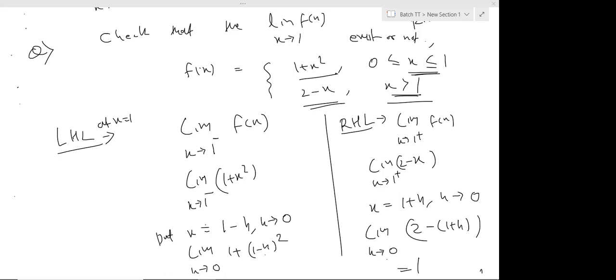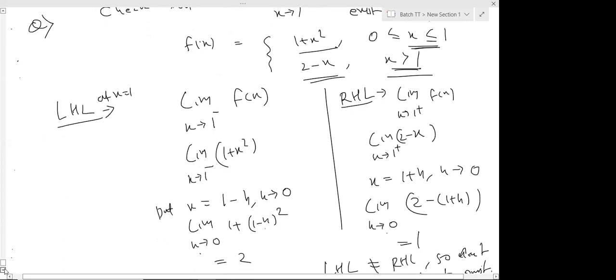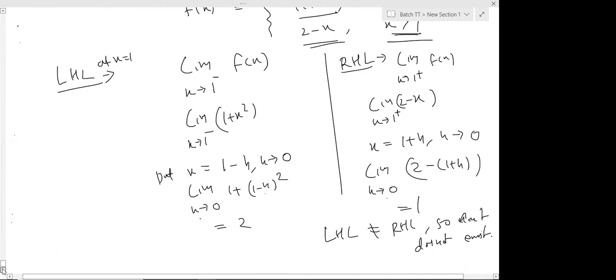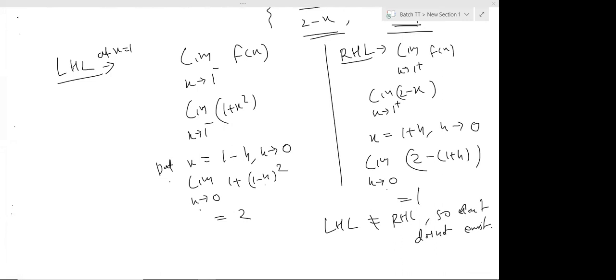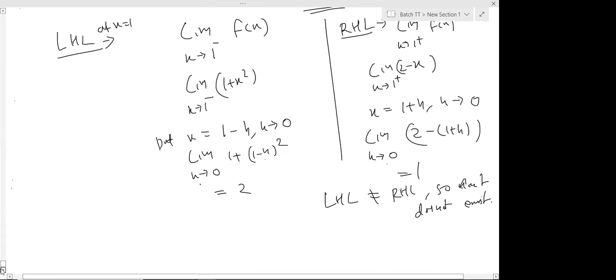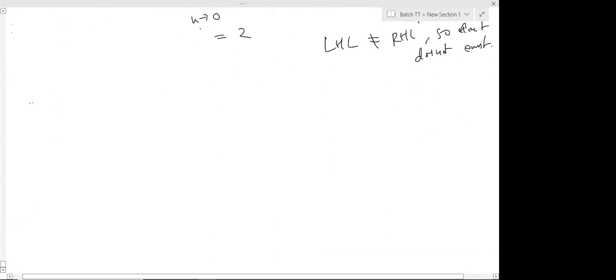Just a second, sir. Done, sir. All right, try to solve the question. f of x equals 2x plus 3 for x less than or equal to 0, and 3 into (x plus 1) when x is more than 0.